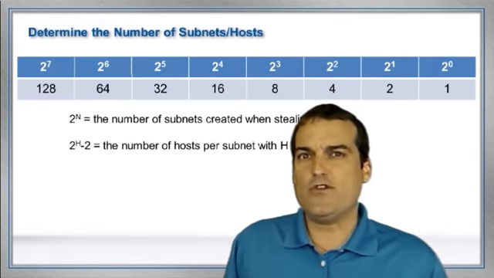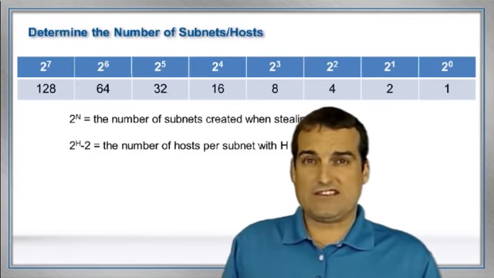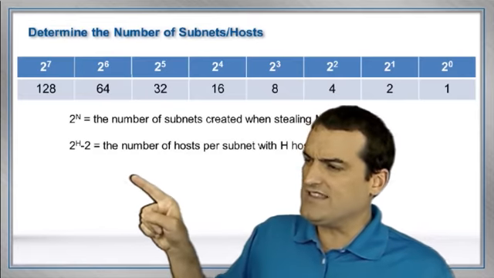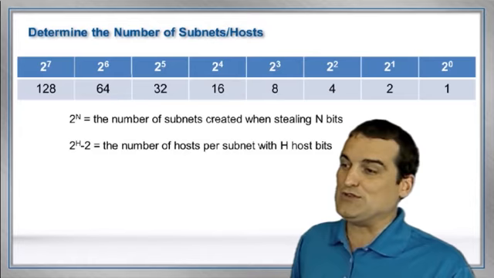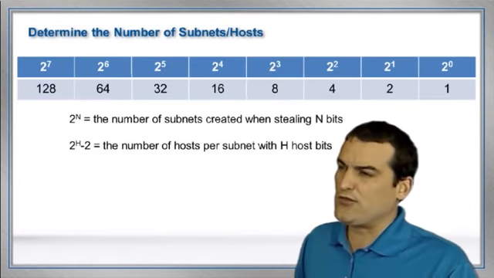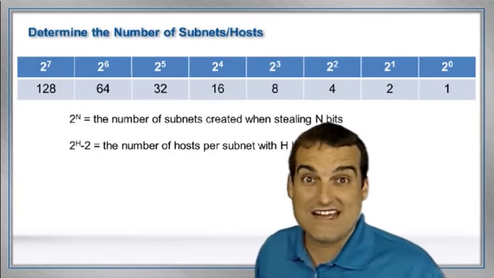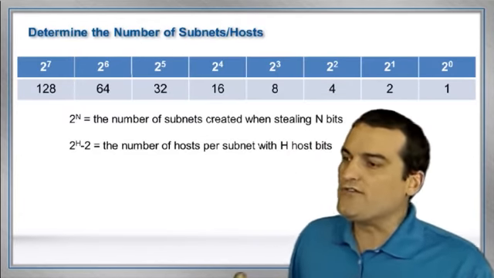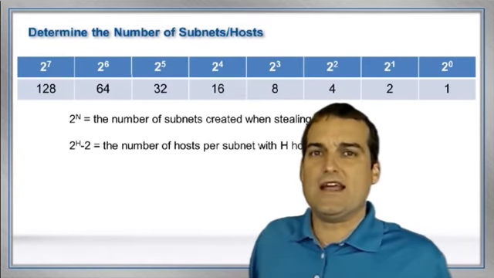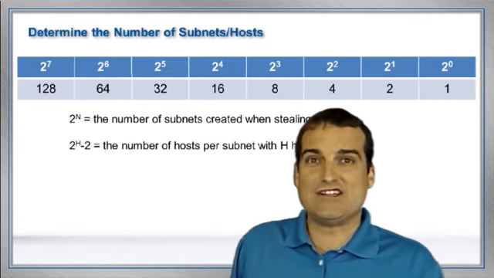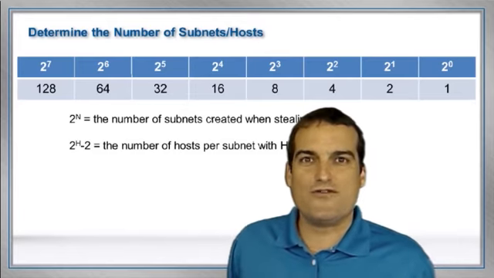How many bits are left over? 3 of the bits are left over for hosts. Plug that into the 2 to the h minus 2 formula, and that's how many hosts you can have. 2 raised to the 3 is 8, minus 2 is 6. Wow. So if we steal 5 bits, we can create 32 different subnets, but each of those subnets can only have 6 workstations. Let's say that's not going to work for us.